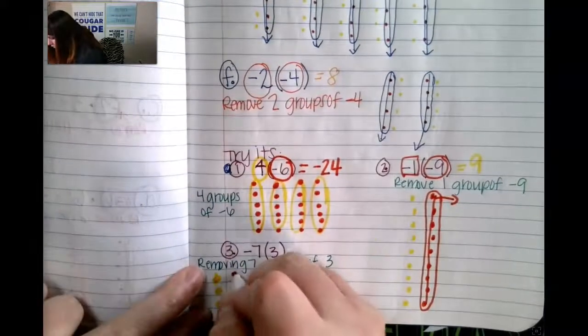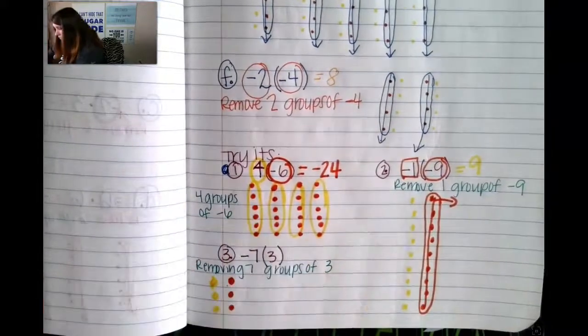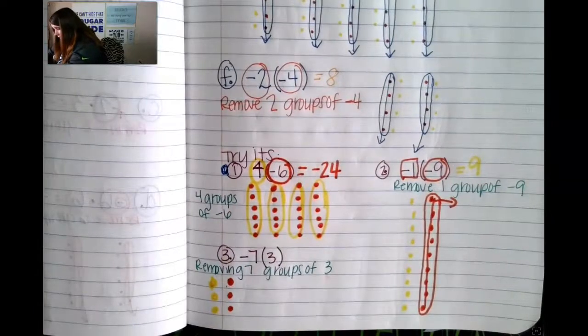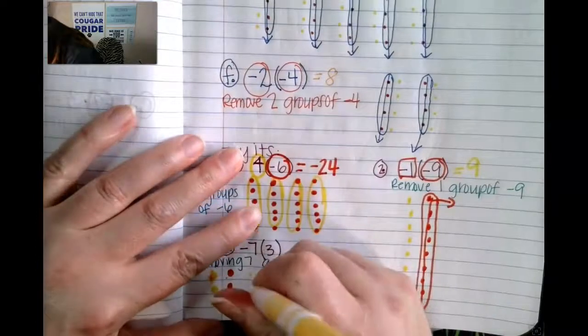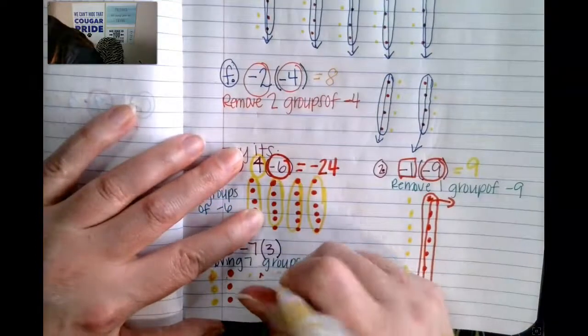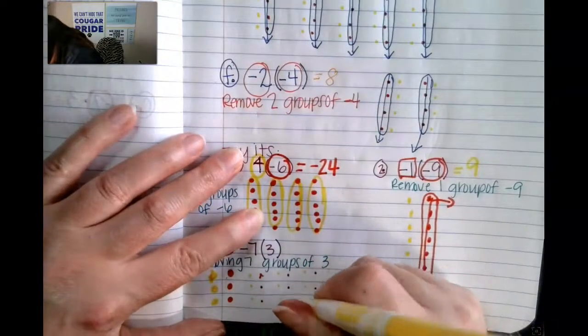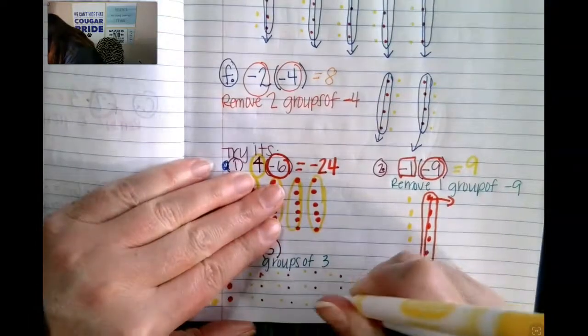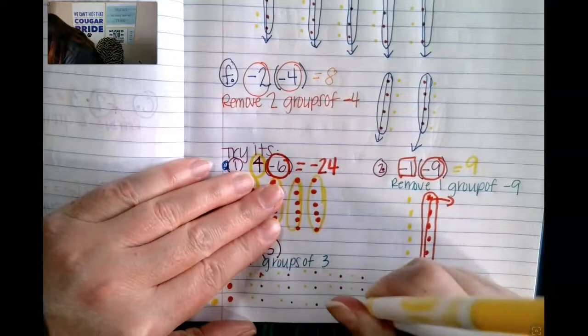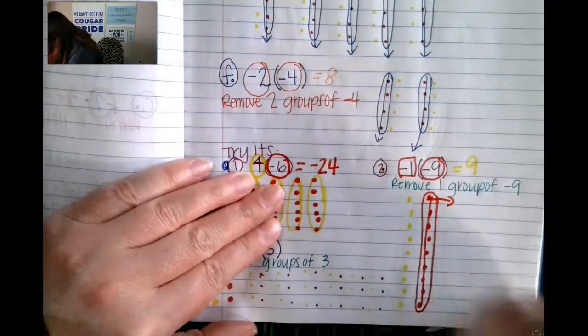That's what I get for hurrying. There's one group. Okay, let's try this again. 7 groups of 3. It's 1, 2, 3, 4, 5, 6, and 7.